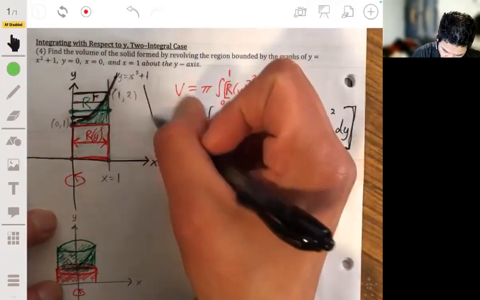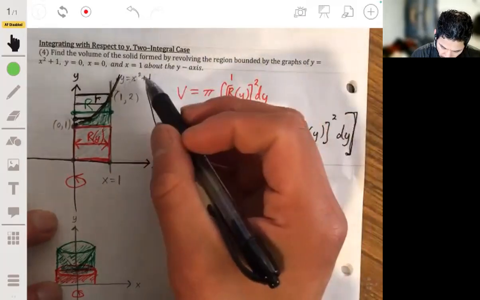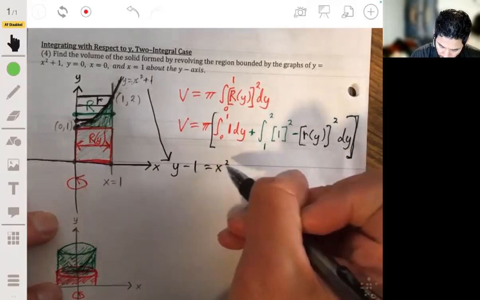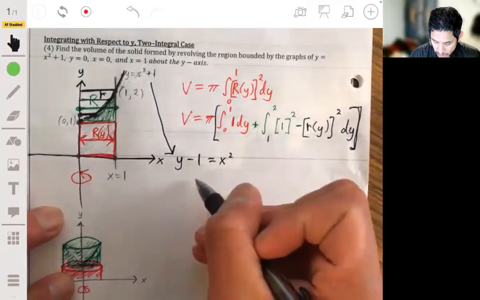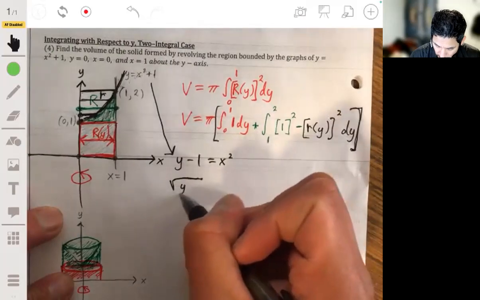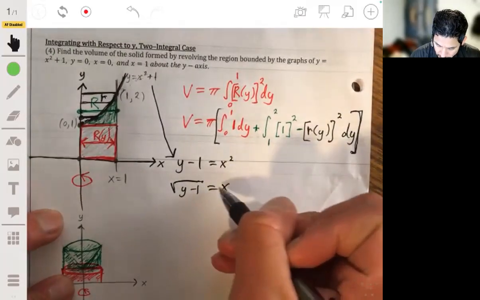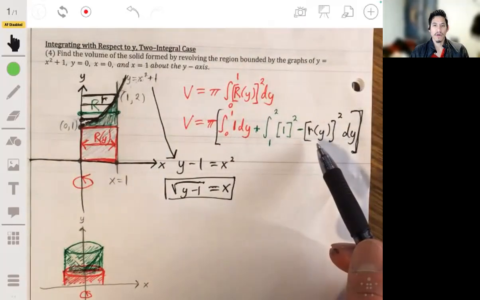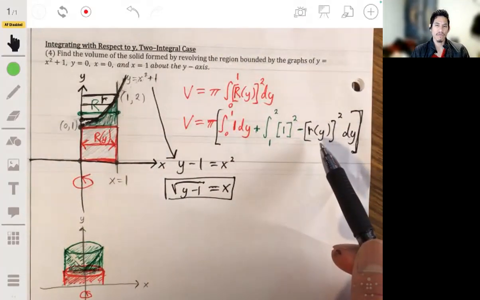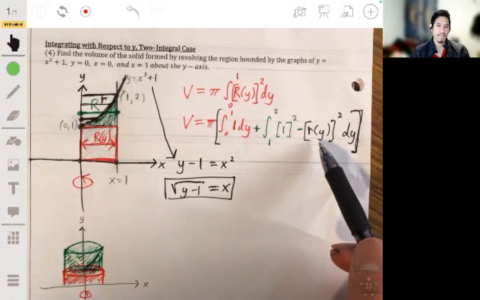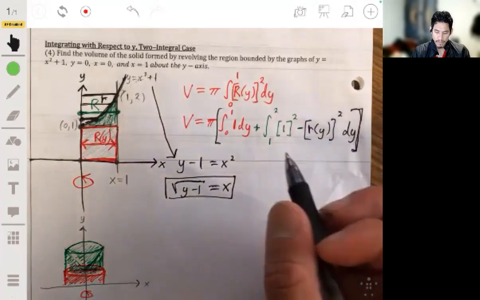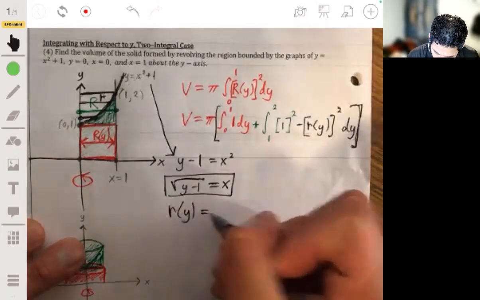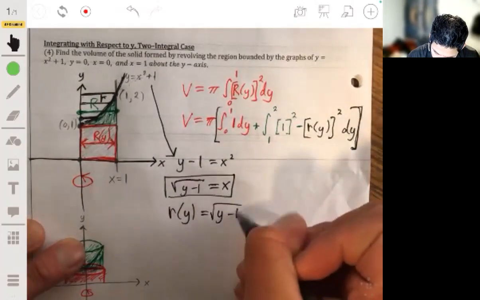So let's move this over here. We take away 1: y minus 1 equals x squared. Take the square root of each side, and we'll have the square root of y minus 1 is equal to x. And this will be our small r of y. So small r of y will be the square root of y minus 1.